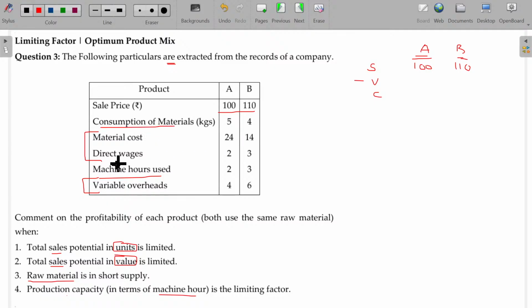Add up these two. Total cost is 24 plus 2 plus 4, 30, and 14 plus 3 plus 6, 23. What is the contribution here? 70, 87.